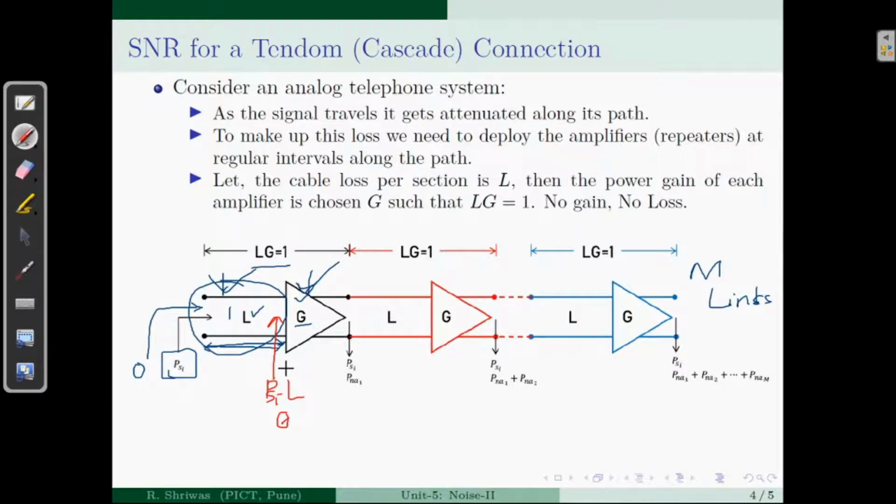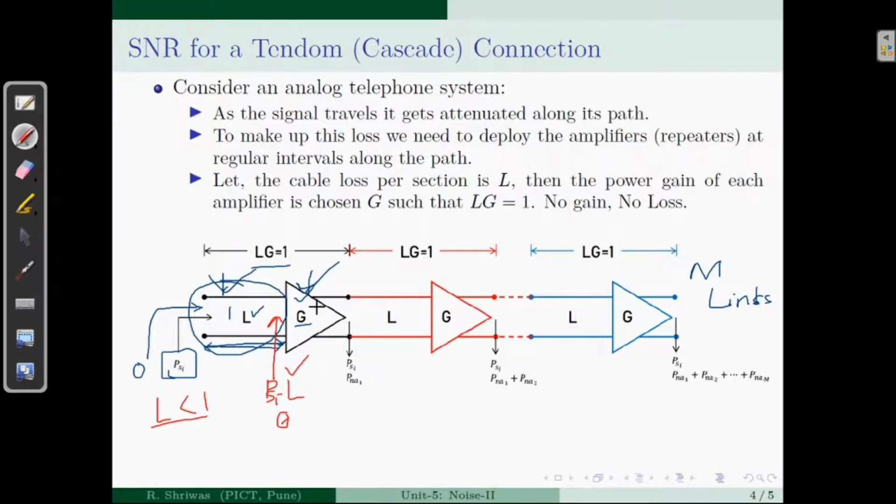In any practical case, you can see this loss has to be less than 1. I hope this is clear, because this is the loss. Hence, when a signal travels along a path, it gets attenuated, meaning the loss L is less than 1, right?